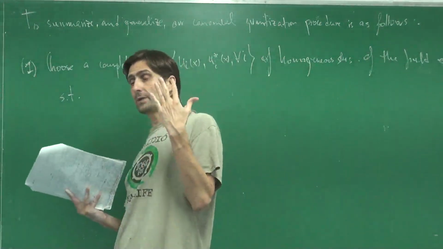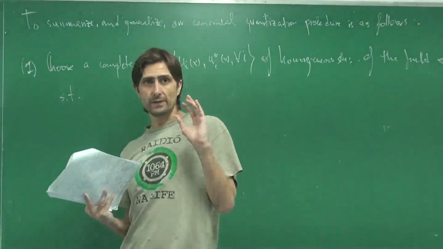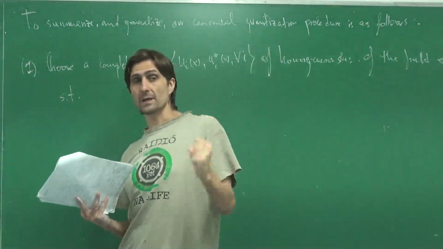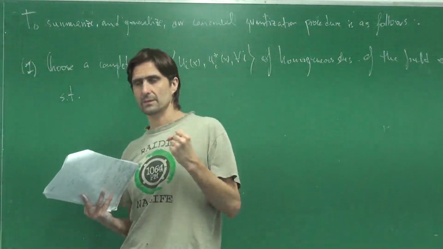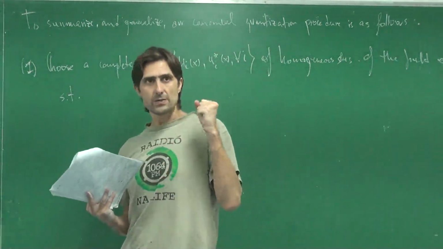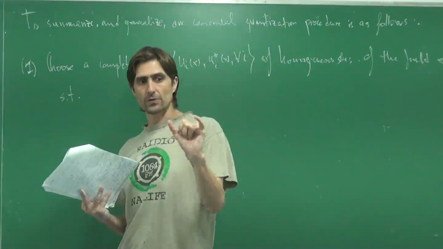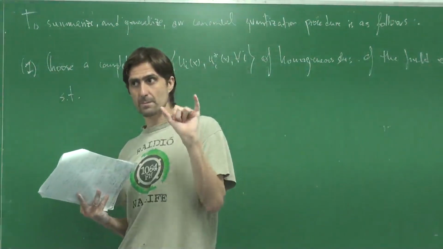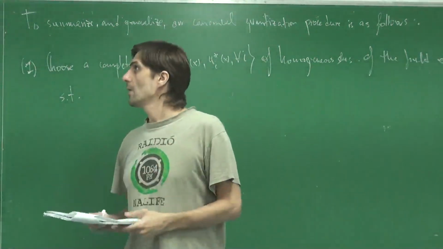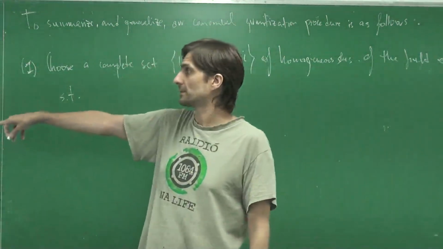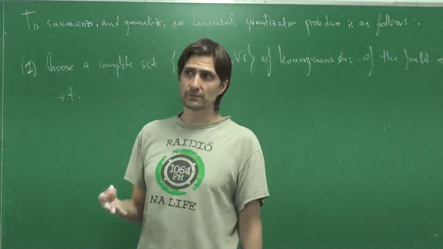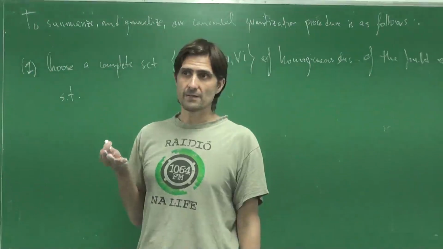Remember, in order to build your Hilbert space, you need an inner product. That means a scalar product which is positive definite, and so you want to choose solutions which have positive norm. We've seen how in this case, the u_k's have positive norm, the u_k stars have negative norm.